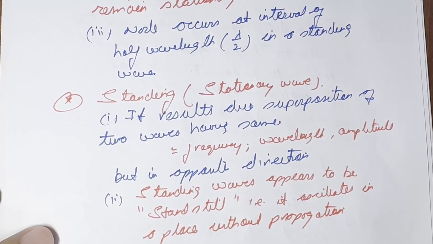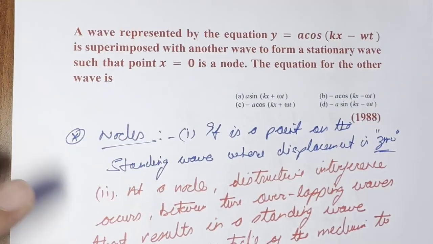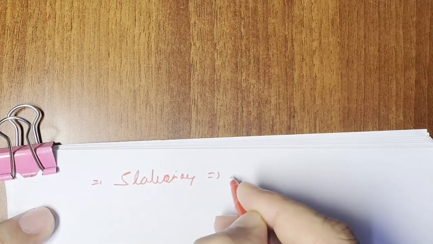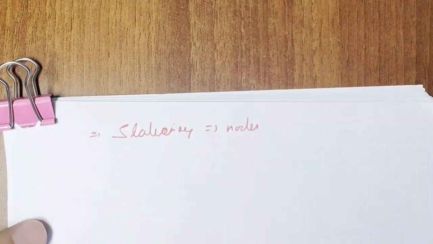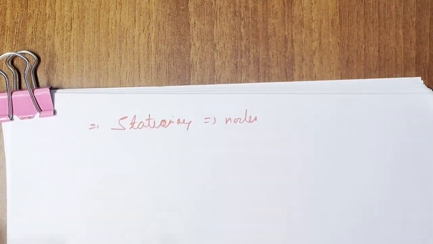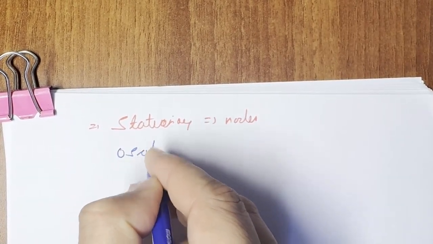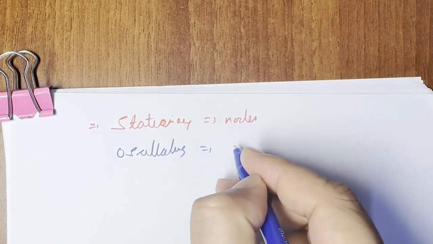The points which are stationary are called nodes, and the points which are oscillating are called antinodes.